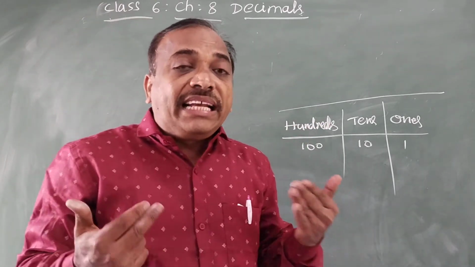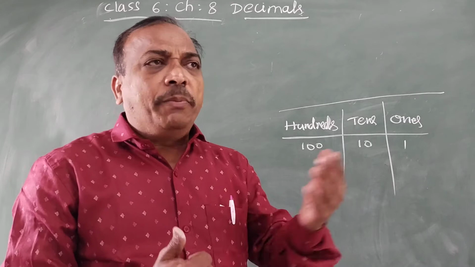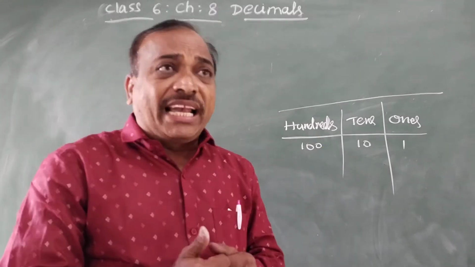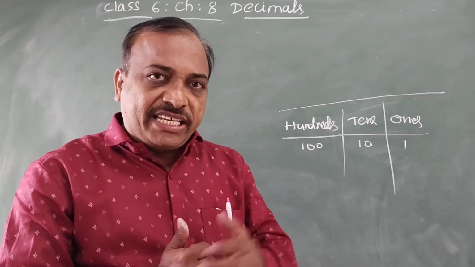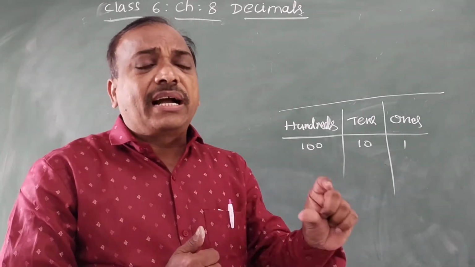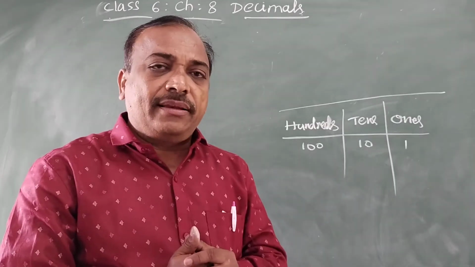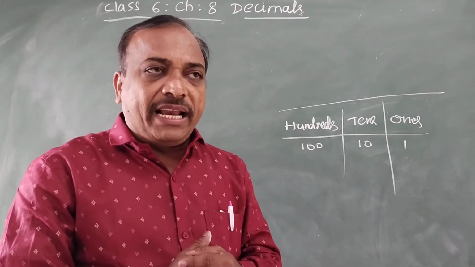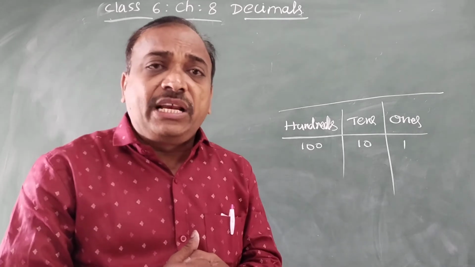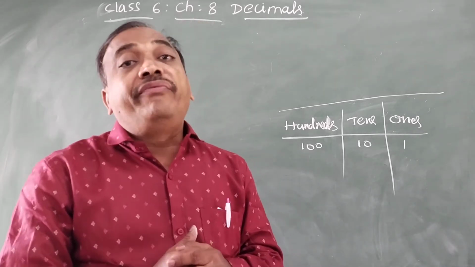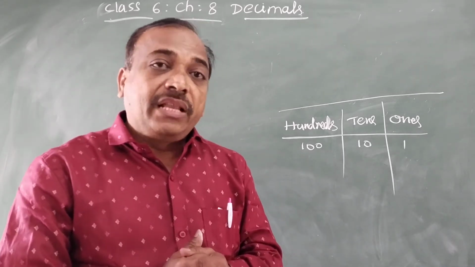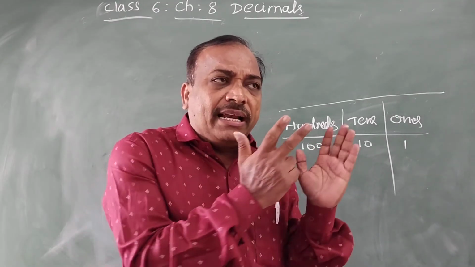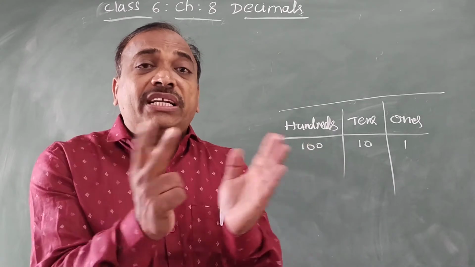Now the decimal part. Suppose you go to the shop and you give a 10 rupee note to the shopkeeper and purchase a pen. The cost of the pen is 9 rupees and 50 paise. But the units are different.